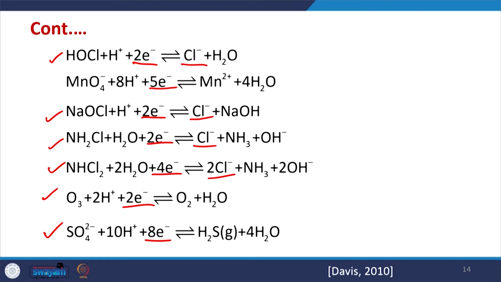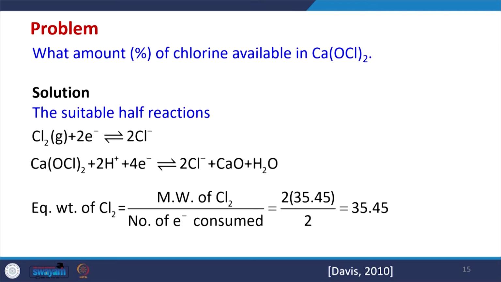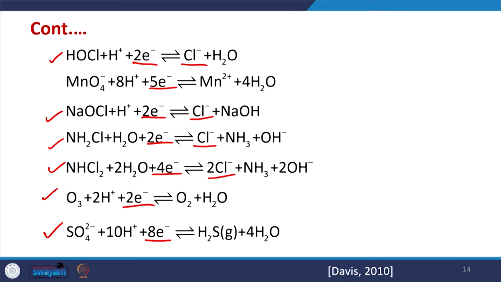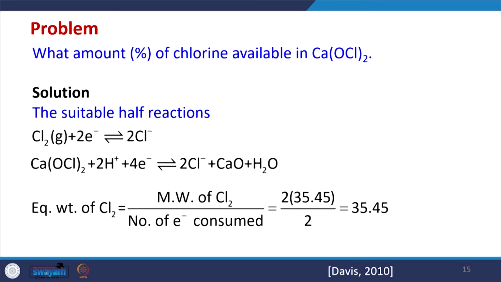This way we can write the half reactions for different compounds and then calculate the oxidizing power. This question is given here and we will try to solve it using the half reaction equations we have just considered. The same method can be used for different other compounds as well.